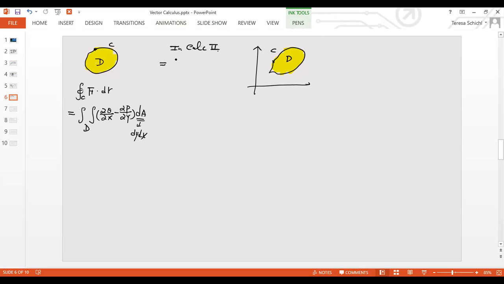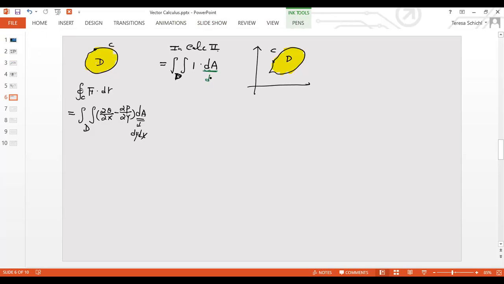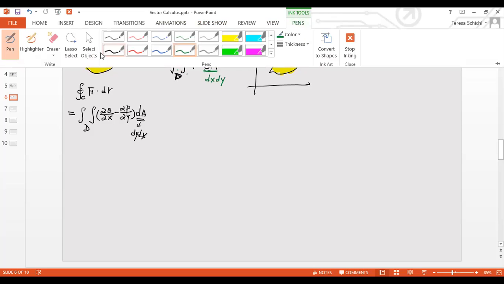We say we can use the double integral of 1 dA over this region. Of course, the dA can be changed to dx dy or dy dx, and then you give them the appropriate limits. This is what we did in Calc 2.